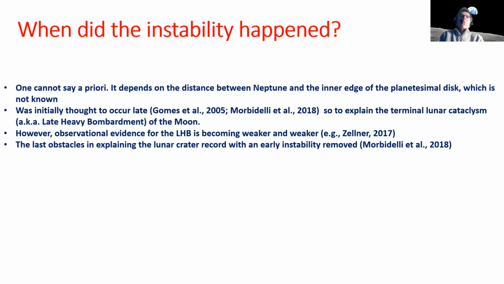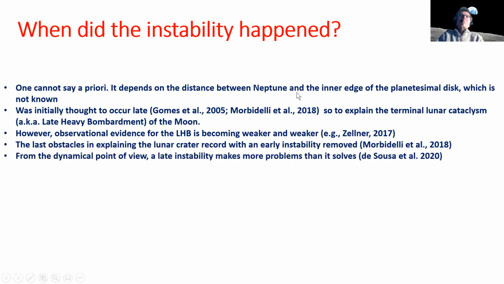So we don't need to postulate it. We can explain the existence of late craters even with a giant planet instability that occurred early and a bombardment that was declining monotonically with time. And from the dynamical point of view, as I said, both early and late instabilities are possible. But if you study the problem more in depth, you find out that the late instability makes more problems than it solves. It's not excluded, but it's more problematic.